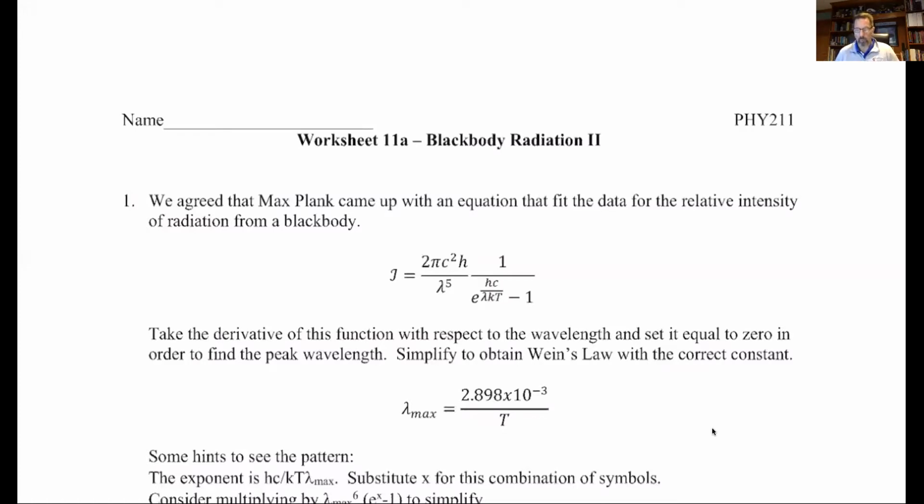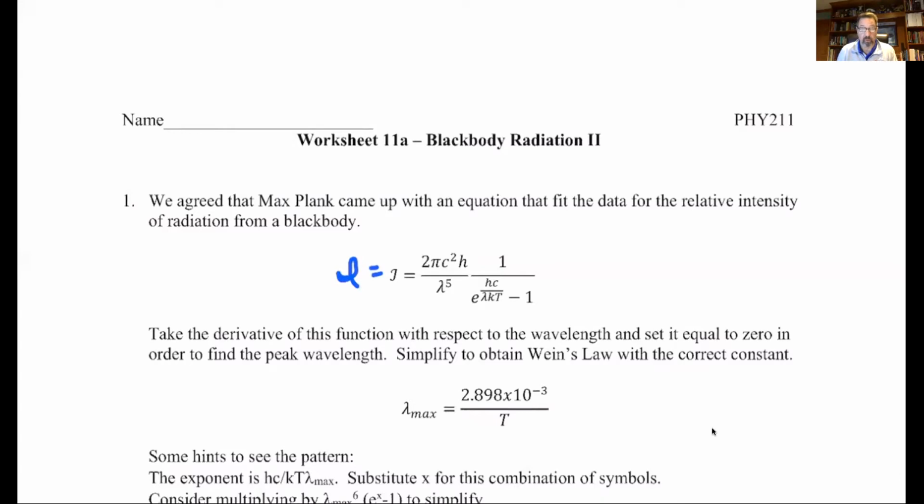All right, and so the first thing I want to say is my fonts for making these worksheets are sometimes not the greatest. Just so there's no confusion, when I drew this up on the worksheet, it was more of a script I. That's what that thing is.